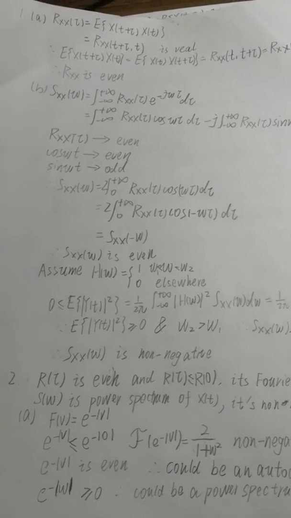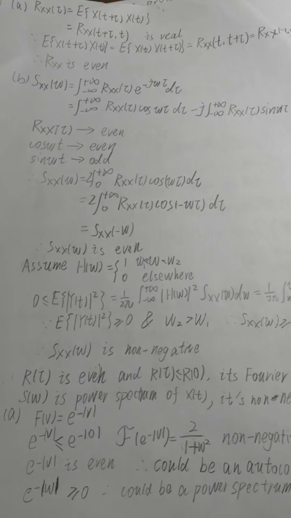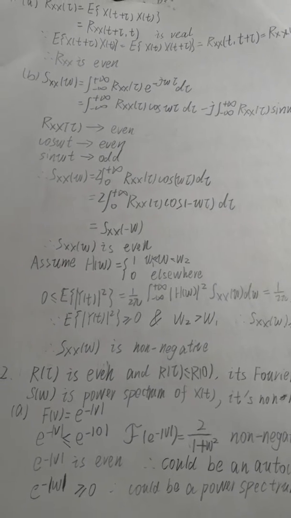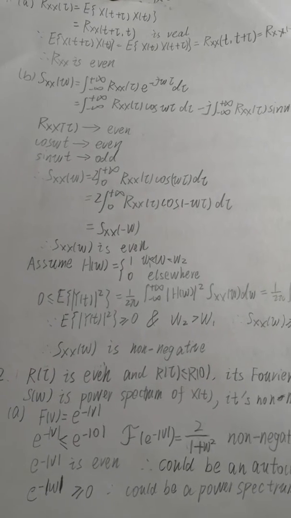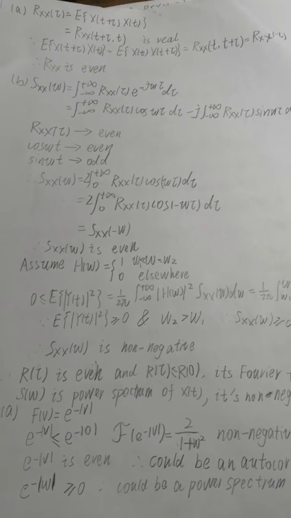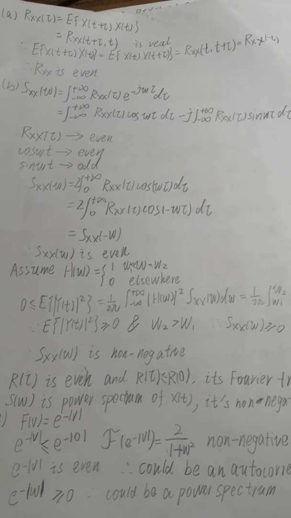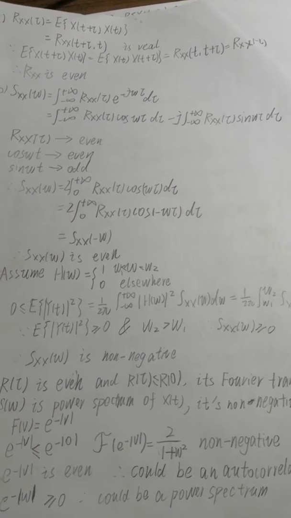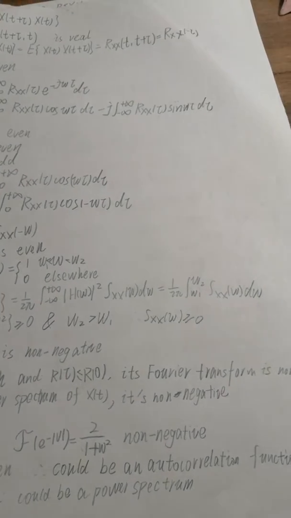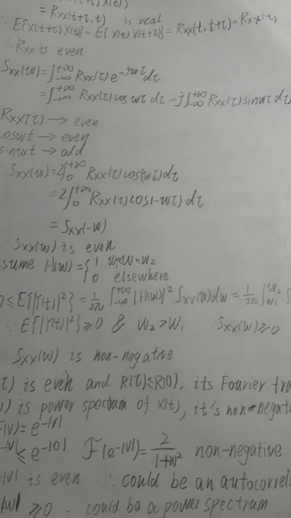And also we assume H(omega) equals 1 when omega is larger than omega 1 and less than omega 2, and 0 elsewhere. And we can get that E[Y(t) squared], which is the power, equals 1 over 2 pi times the integral from minus infinity to infinity of |H(omega)| squared Sxx(omega) d omega, which equals 1 over 2 pi times the integral from omega 1 to omega 2 of Sxx(omega) d omega.